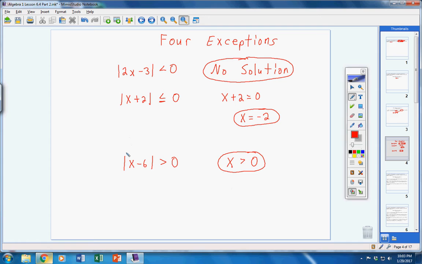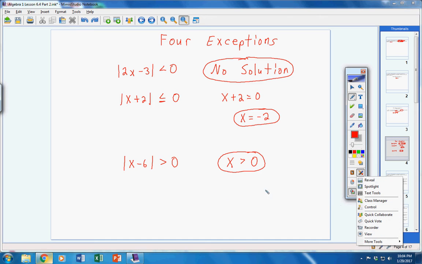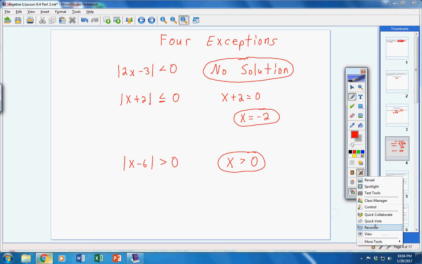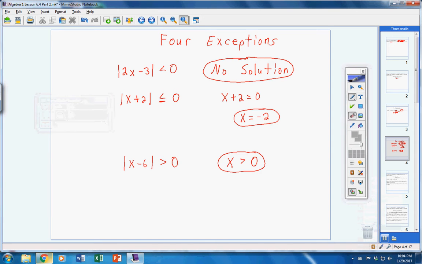If you have an absolute value that is greater than 0, then your answer would be not this. I'm not sure why I put that. That's incorrect. Sorry. That is not right. I apologize.